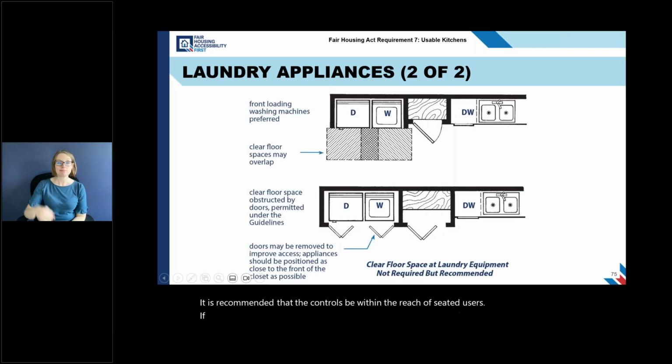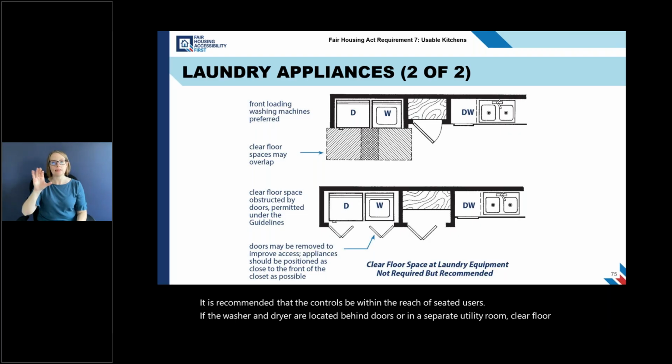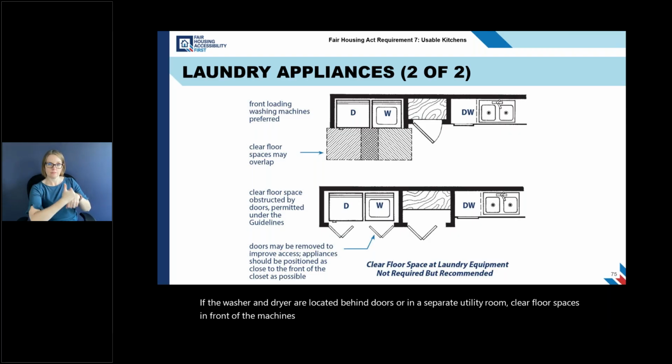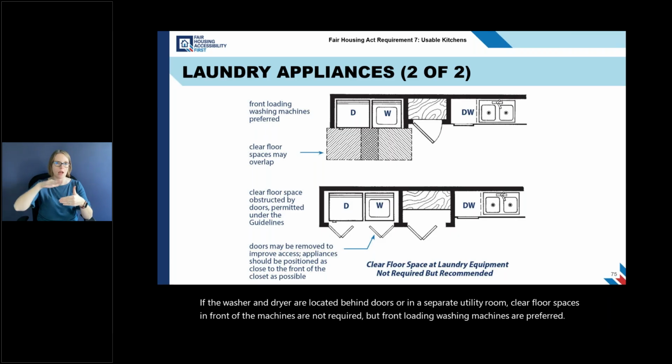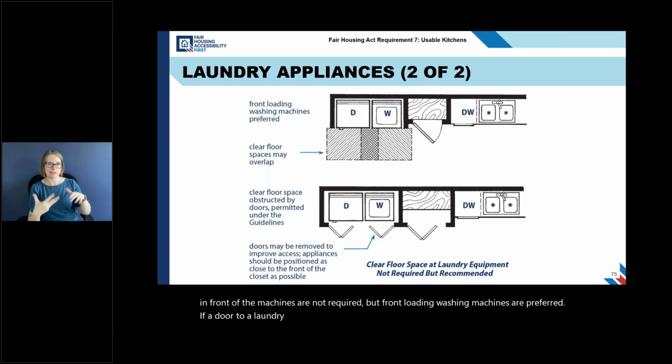If the washer and dryer are located behind doors or in a separate utility room, clear floor spaces in front of the machines are not required, but front-loading washing machines are preferred. If a door to a laundry room is intended for passage, the door must provide 32 inches nominal clear opening.